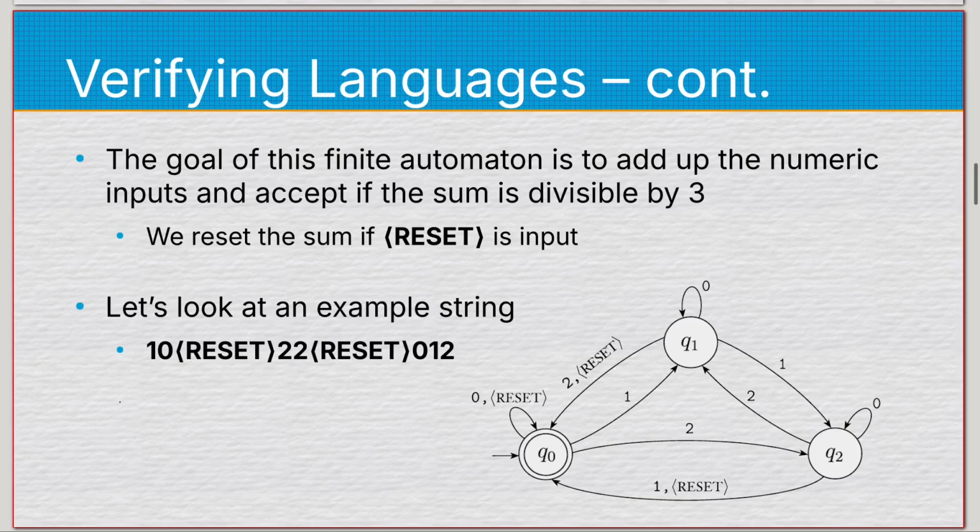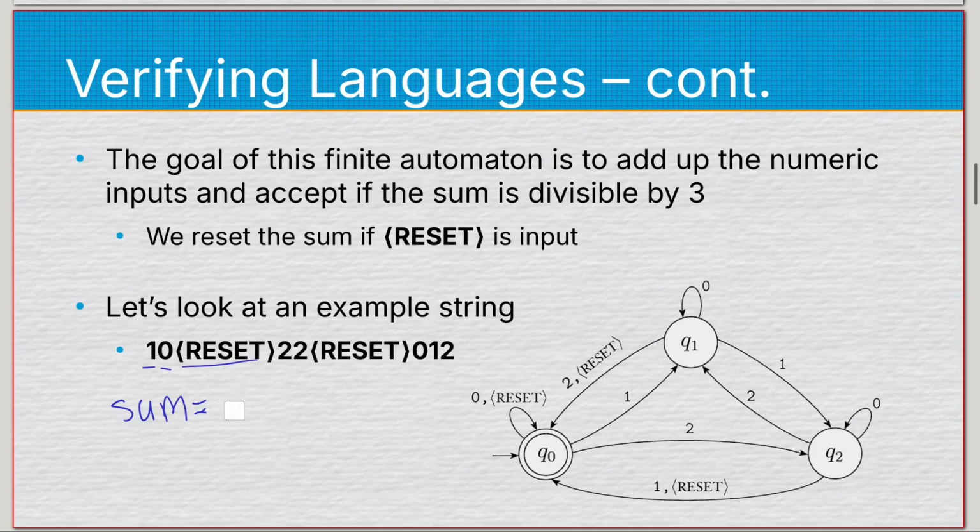So I'm going to make a sum variable real quick, right over here. So we have inputs 1 and 0. That'll be reset, but let's just take a look at this. So 1 plus 0 would be 1. Is that divisible by 3? Let's find out. 1 transfers, 0 loops, and we end in a non-accepting state, so no. At this point it wouldn't.